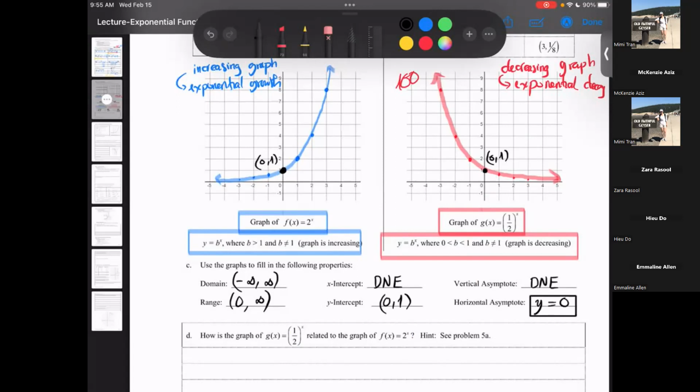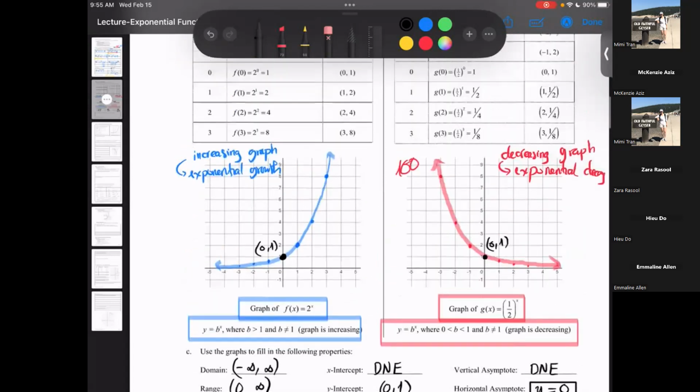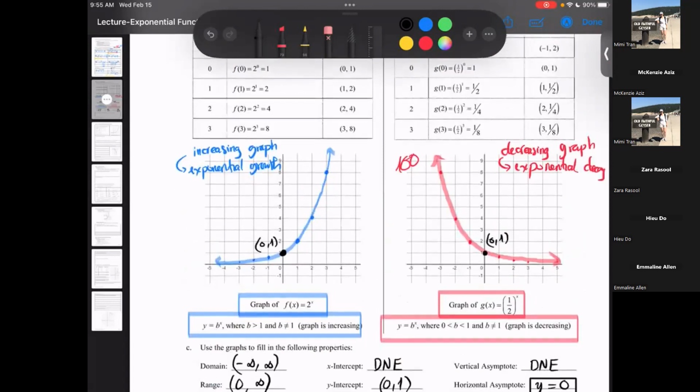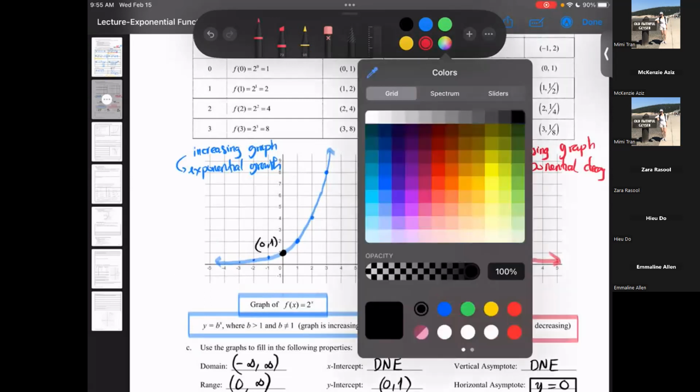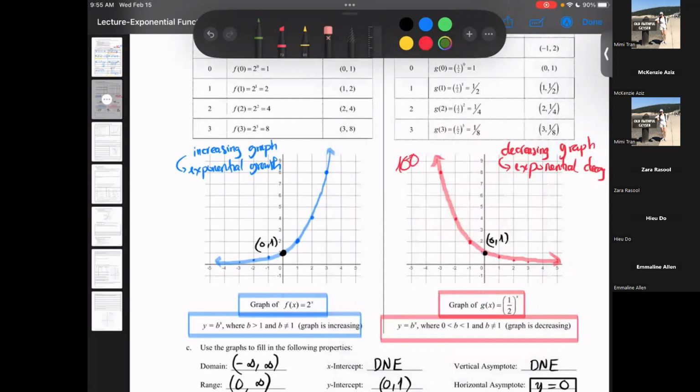And I'll tell you where you can find the horizontal asymptote without looking at the graph. The exponential function in its ultimate form has this form. You may want to write it down. y = a·b^(x-h) + k. Remember, it's kind of like quadratic, where you have minus h and plus k. It's the same thing here. The h tells you to move horizontally, the k tells you to move up or down, and the a tells you to flip over the x-axis or not.